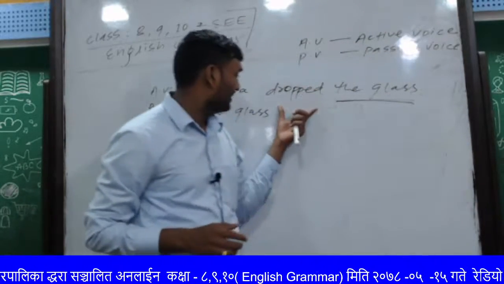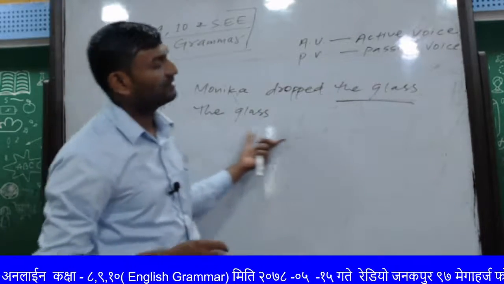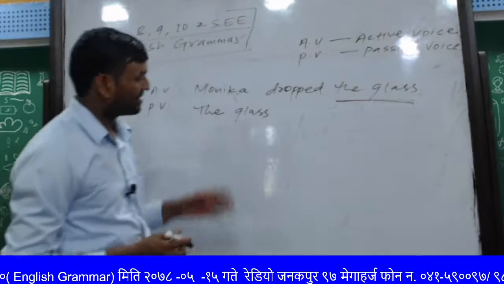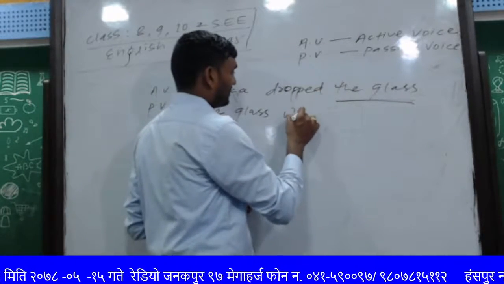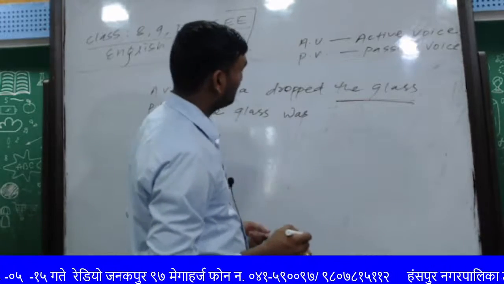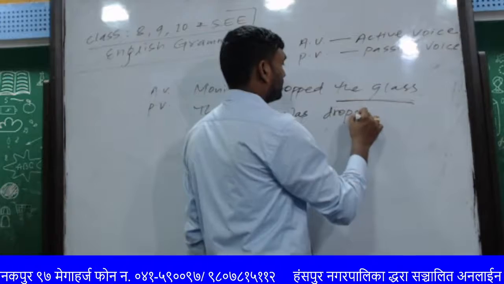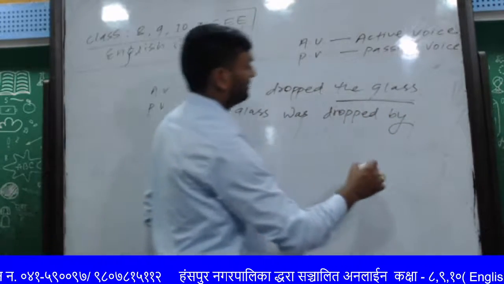The passive voice of simple past tense is object plus was/were plus V3 plus by plus subject. So the glass was dropped by Monica.